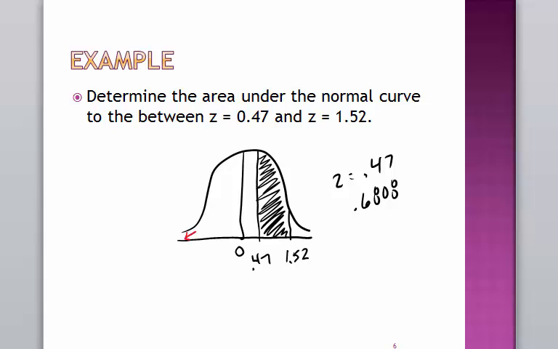So that is going to be this section right here, 0.6808. Now for our other z-score, the 1.52, when we looked it up, we came up with an area of 0.9357. And 0.9357 is the area from the z-score that we looked up all the way back to the left.